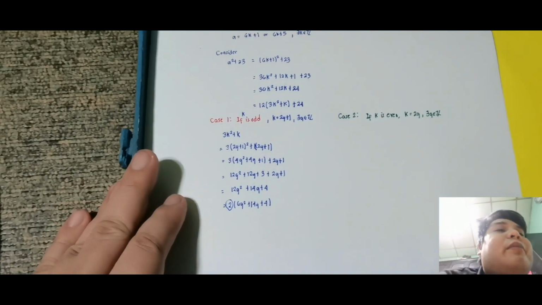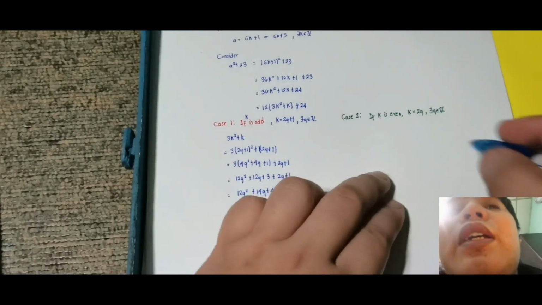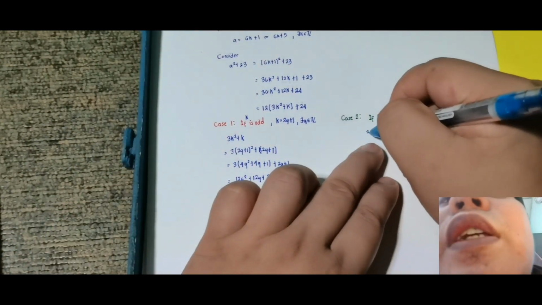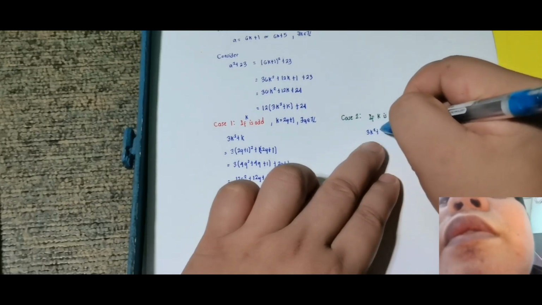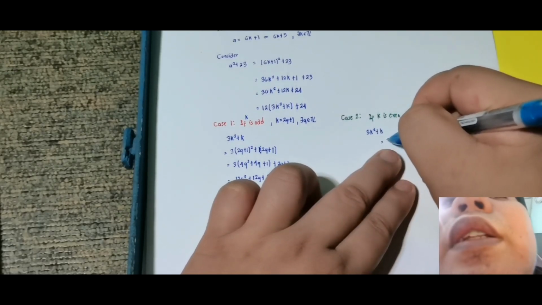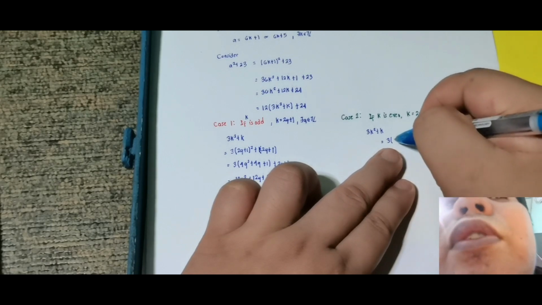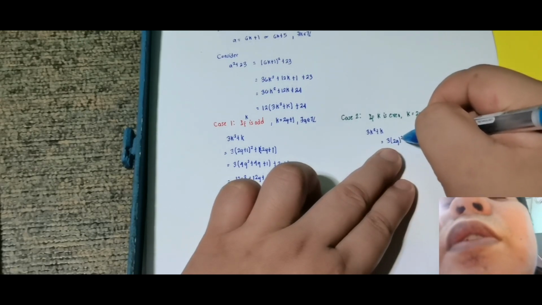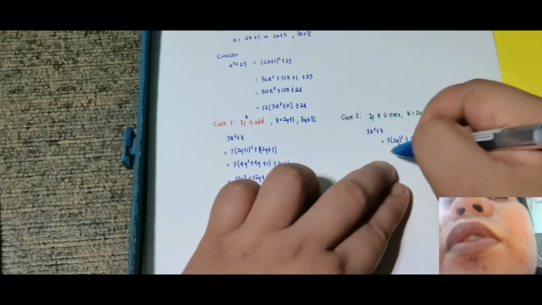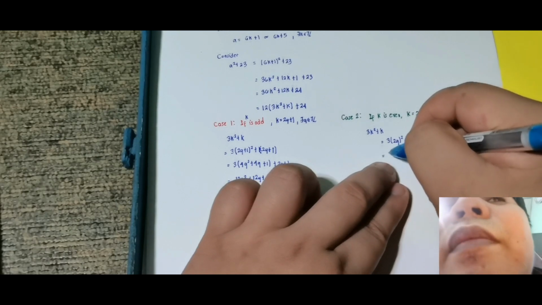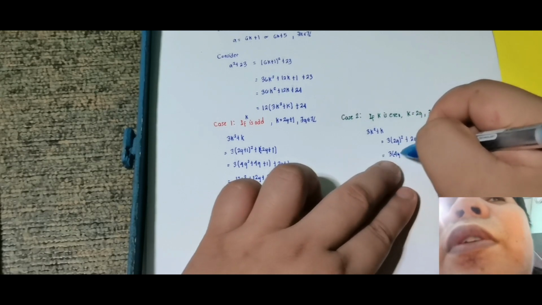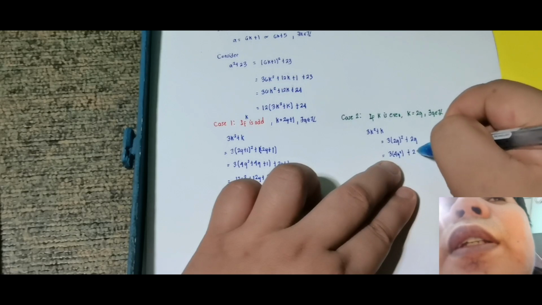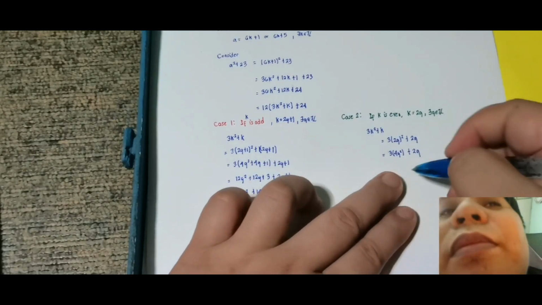So cases lang naman, kaya ginanyan ko na. So yung 3k squared plus k, that is equal sa 3 times 2q squared plus 2q. So this is equal sa 3 times 4q squared plus 2q. So this is simply 12, no?